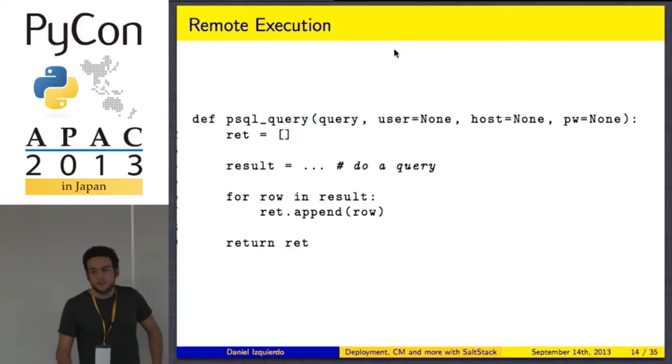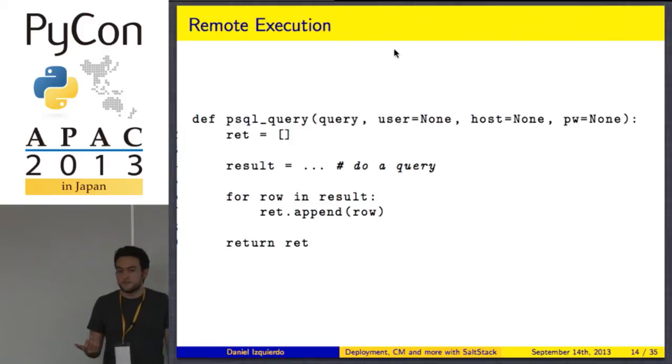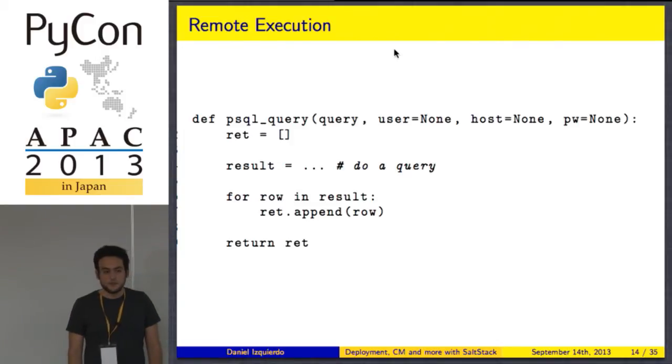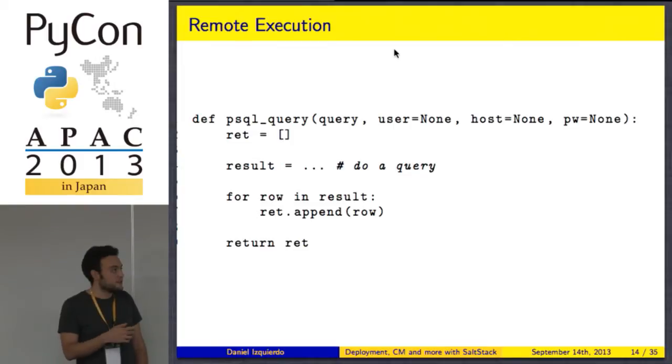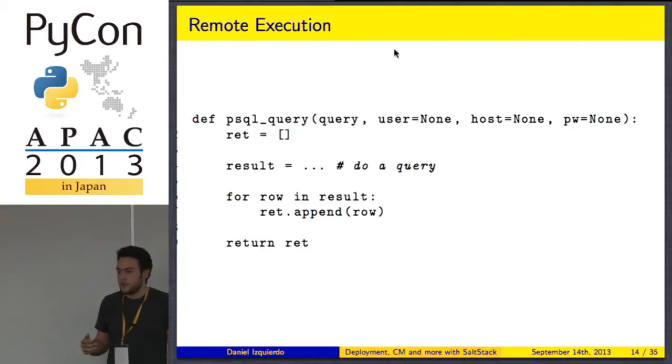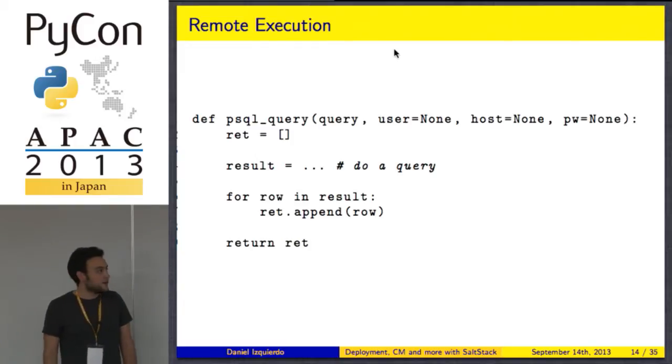And the results of a Salt function don't necessarily need to be true or false. I could return, for example, a list. So in this example, which is also taken from a module provided by Salt, I can run a Postgres query, right? So basically in the implementation, I just return a list of rows, which is the result of running this query.